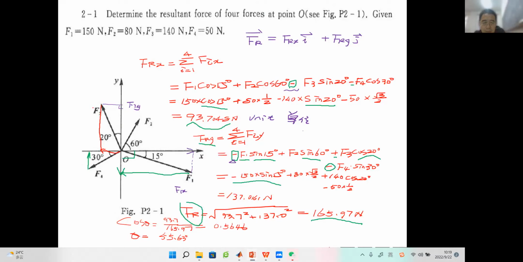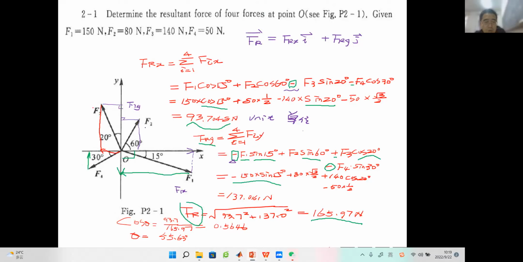So maybe someone cannot give the correct sign here. The second, because we have F2 here, when we project it onto the y-axis, its magnitude will be F2 times what? Because you can use this as an aided line, this length actually is this length.